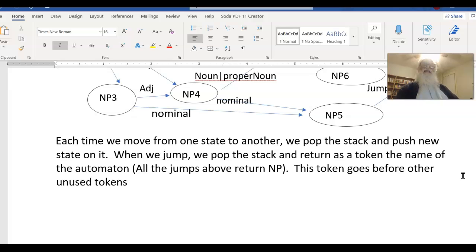We have to get the stack down to nothing. We're going to assume that when we jump, we return a token of the name of the automaton. So if we're looking for an NP, we're in the NP automata. When we jump, we return NP, and it's a token, and it goes in front of the other tokens.